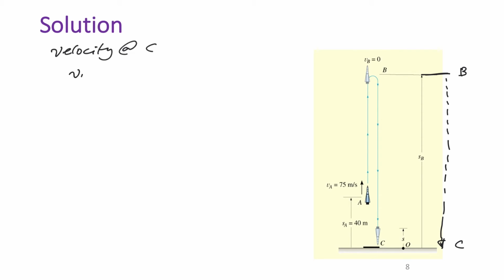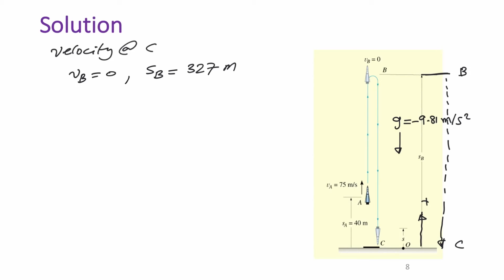We know that VB equals 0. We just calculated that SB equals 327 meters. We also know that the acceleration, as we discussed before, is going downward, and it is minus 9.81 meter per second square because it is opposite to the positive direction of the displacement.